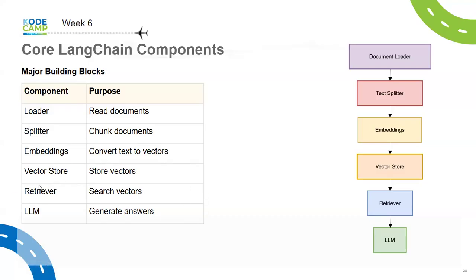Then LangChain also has an abstraction called a retriever, which doesn't really exist anywhere. Think of it as something that allows you to search embedding space, or search with similarity search or any of the methods for search, right? And the interesting thing with LangChain retrievers is retrievers can be made from anything.